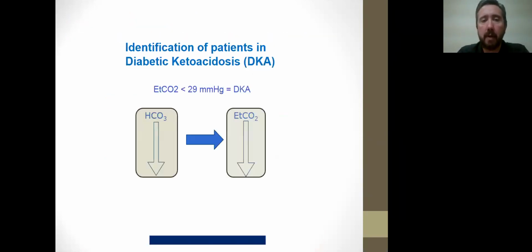Okay. So identification of patients in DKA. Now remember, simply put, CO2 is the smoke of metabolism, right? More specifically, CO2 is created after the acidic byproducts of metabolism are buffered by bicarbonate. Because CO2 is a byproduct of metabolism, anything affecting the metabolic rate affects the CO2 production and consequently the corresponding end-tidal CO2 levels, okay?